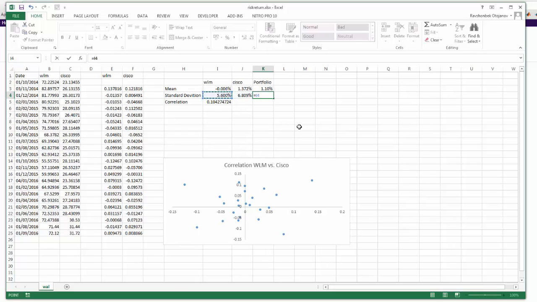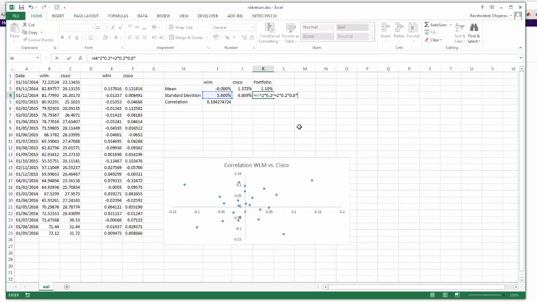standard deviation squared for Walmart times the fraction of cash I am putting in Walmart squared, so that's 0.2, plus 2 times the fraction of Walmart times the fraction of Cisco times the covariance between the shares.